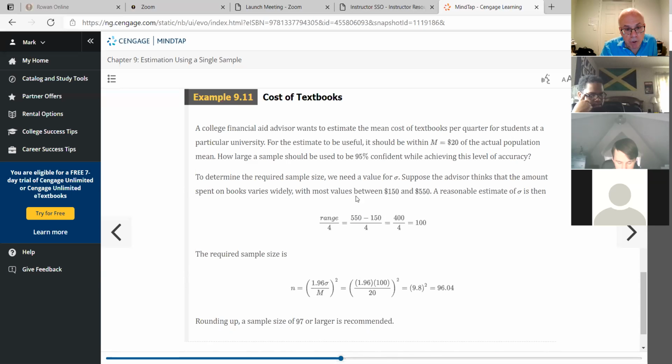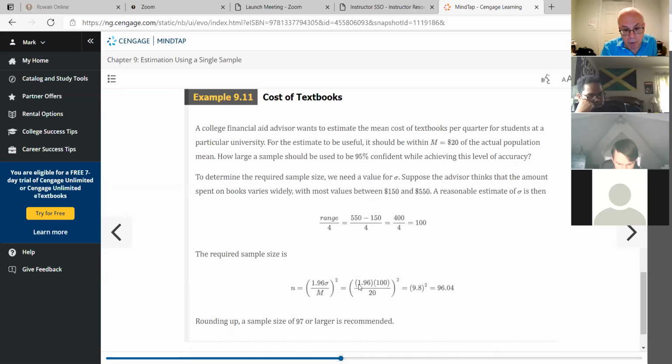So if they say the values for the most part are between certain numbers, subtract those two numbers, that's the range. Remember, maximum minus minimum is the range. Divided by 4, and that gives you an estimate of sigma, the population standard deviation. So that's what you plug into the formula for sigma. And once again, z is determined by whether it's 95% or 99% or 90% or some other percent. I can give you 88%, 92%, 96%, whatever it might be.